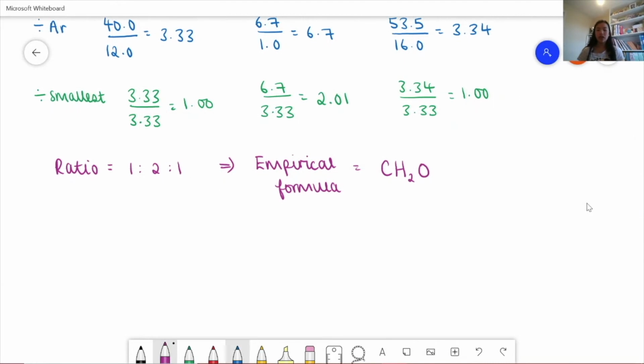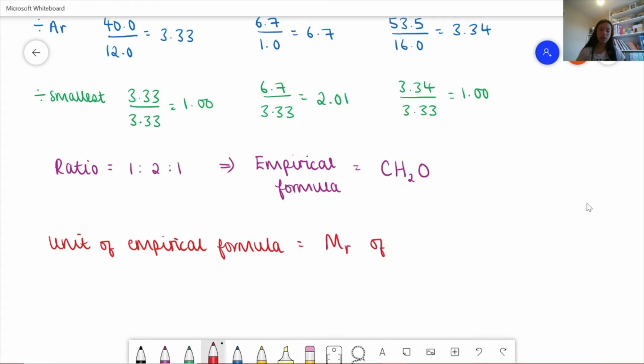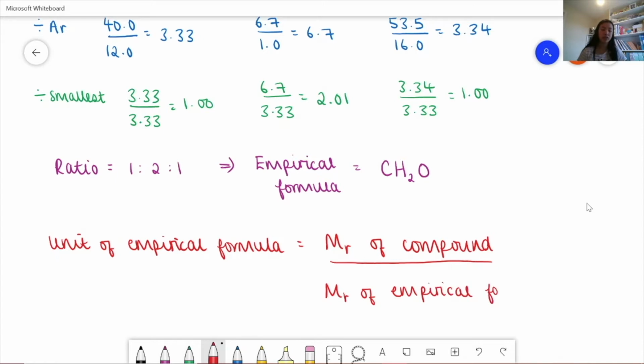So we've got the equation that the unit of the empirical formula is equal to the MR of the compound divided by the MR of the empirical formula, so this CH2 that we've just found.